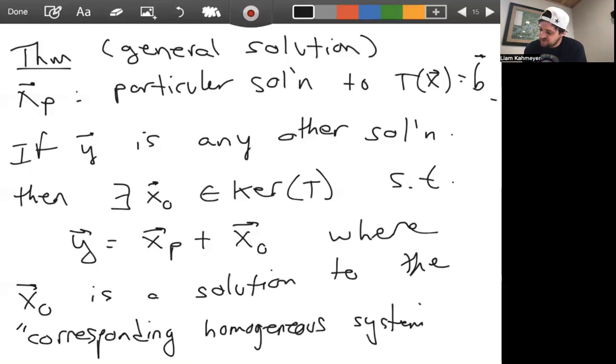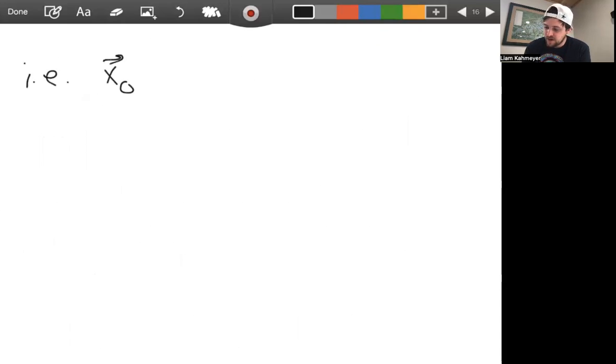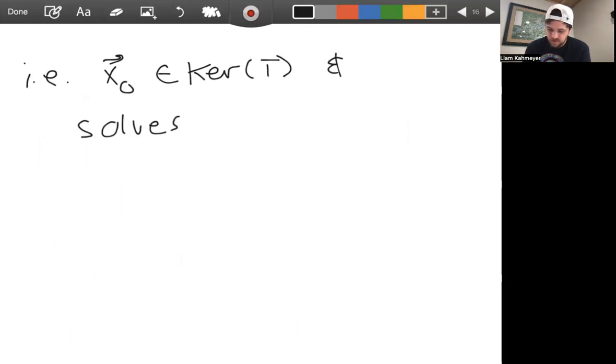And remember, what does it mean for a system to be homogeneous? Well, it means it's equal to the zero vector, right? So, i.e., the vector X naught lives in the kernel, right? We've already stated that, but X naught lives in the kernel and it solves T of X naught equals 0.